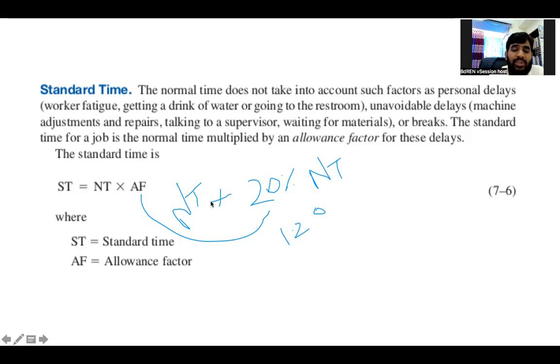This is not multiplication, this is plus. All right, normal time plus 20% of normal time, it is standard time. Or you can use normal time multiplied by 1.20. In that case, multiplication will be by 1.20. So you can use any one.